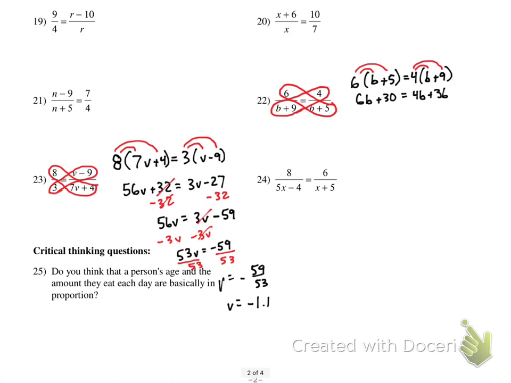Okay, now we can start moving numbers left and right. So what do you want to move? Why don't we move 30 first? Okay, so how do we move that 30? Minus 30. All right, subtract that 30 from both sides. So I got 6b equals 4b plus 6.